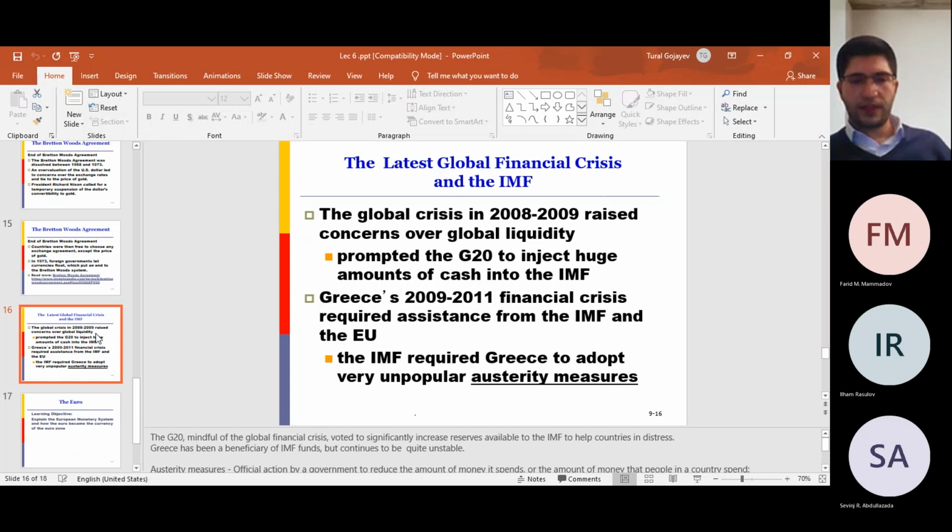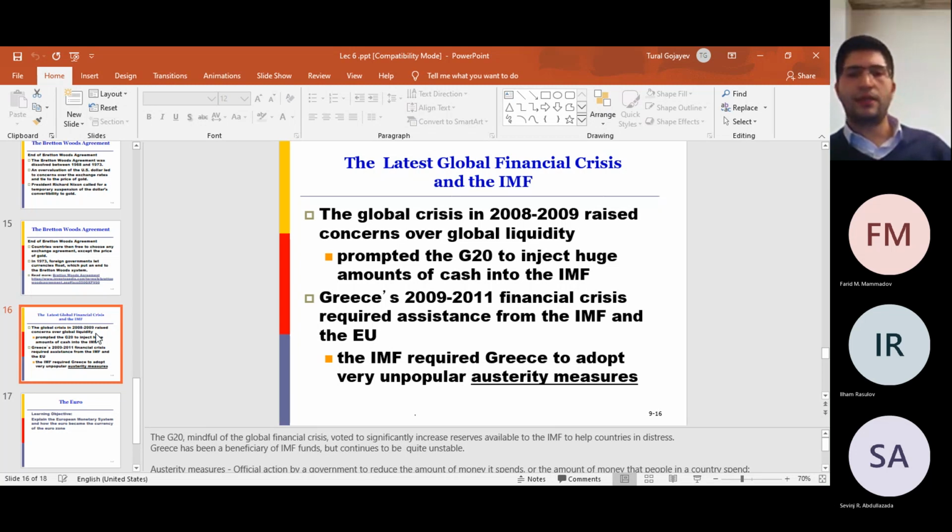Austerity measures are official actions by a government to reduce the amount of money it spends. That's why they are unpopular. So the IMF offered this to Greece because the country still has not created stability in its economy.